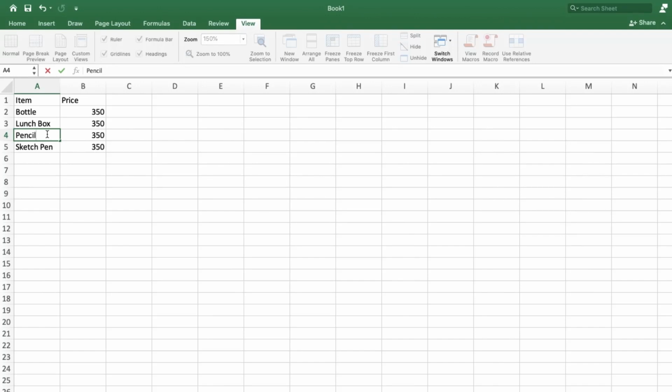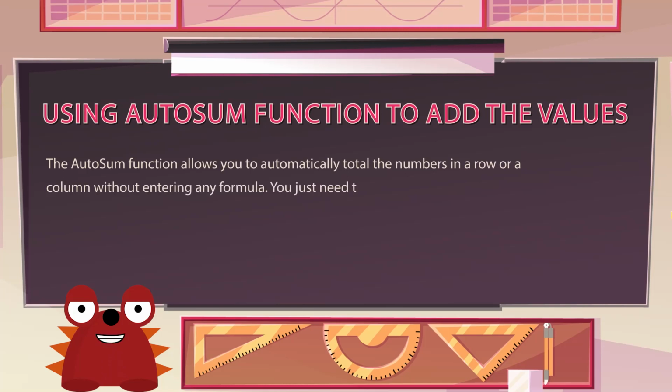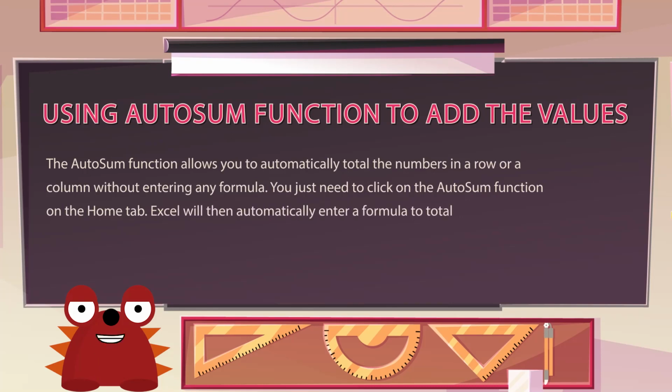We have arrived at the last topic in our chapter, which is using the AutoSum function to add the values. The AutoSum function allows you to automatically total the numbers in a row or a column without entering any formula. You just need to click on the AutoSum function on the Home tab.